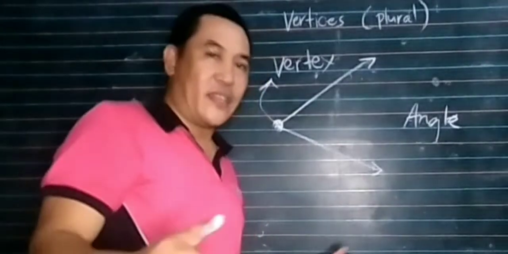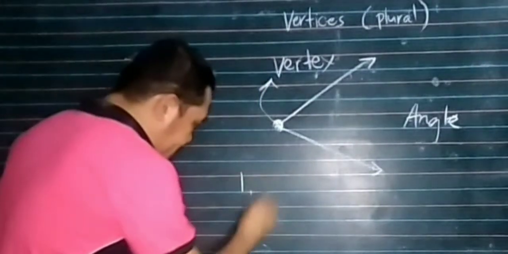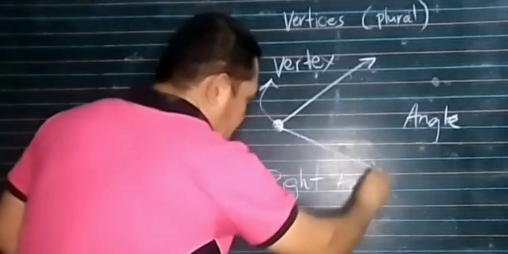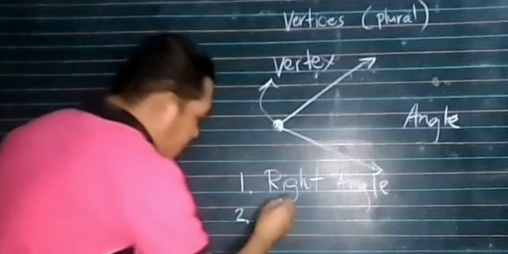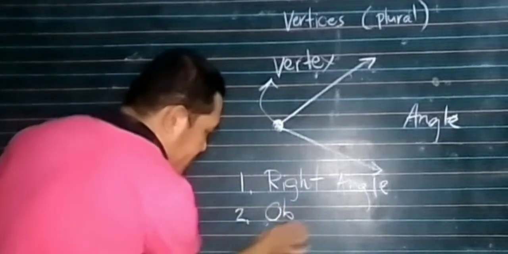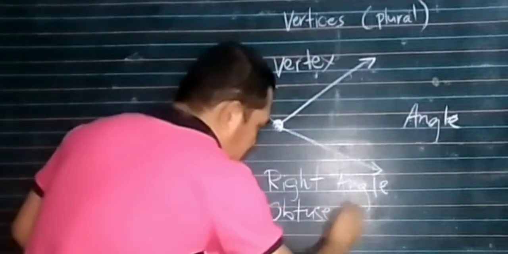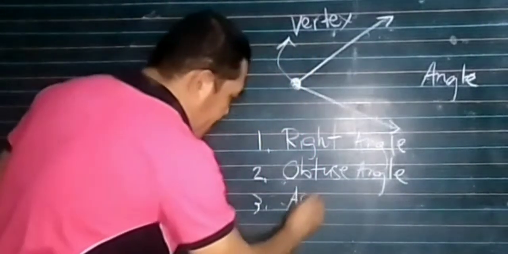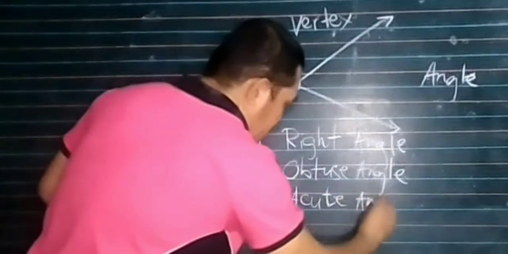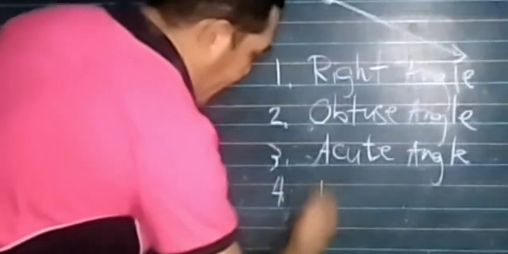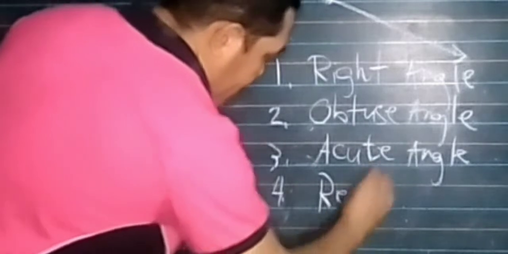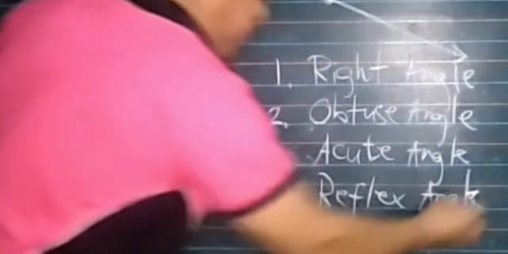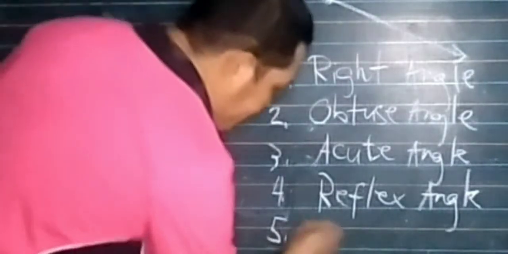Angles are categorized into different kinds. We have one, right angle; two, obtuse angle; three, acute angle; four, reflex angle; five, straight angle.